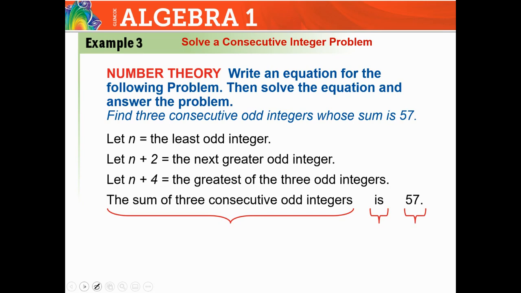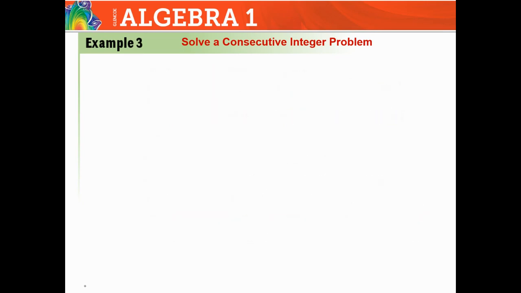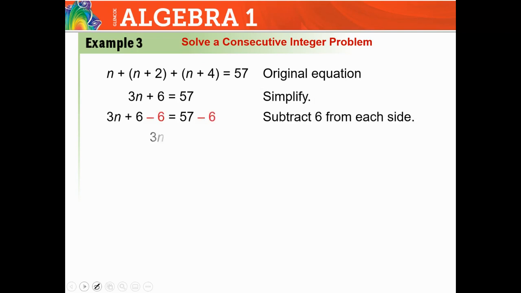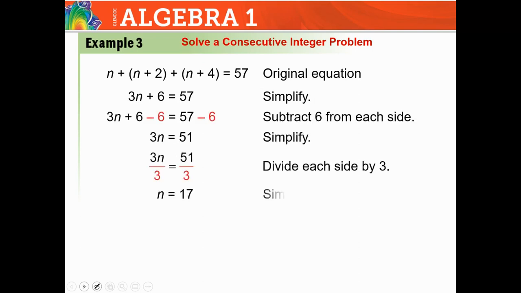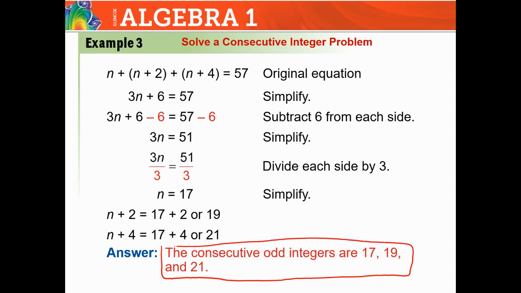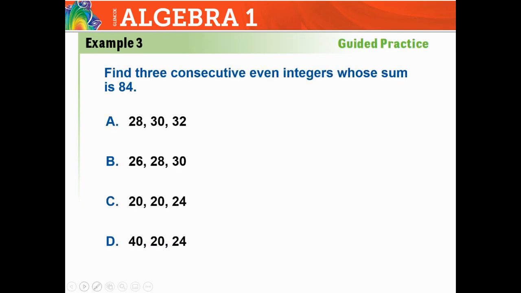And we know that the sum is 57. That's what we got for our equation. And then we simplify and we solve for n, and we should get 17. Yep, there we go. So this is how we should have answered it. The consecutive odd integers are 17, 19, and 21. Okay. Next, you're going to try this one on your own. Pause the video.